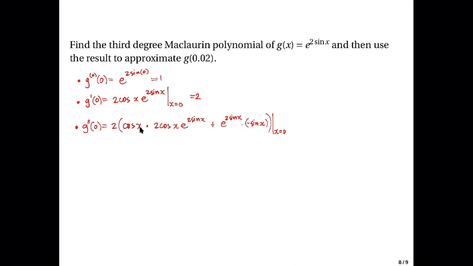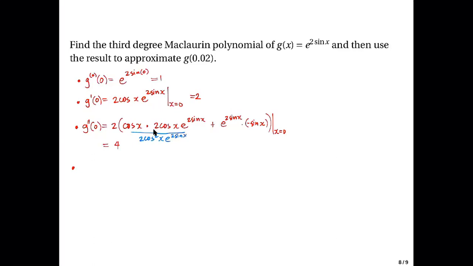Cosine x at x equals 0, that's just 1. So you will have 2 times 2. So this is equal to 4. Okay? And then, this guy, let me just rewrite this. You have 2 cosine squared x e to the 2 sine x.